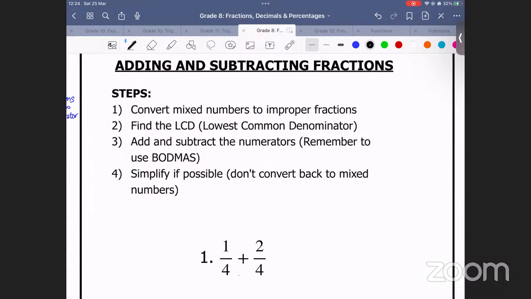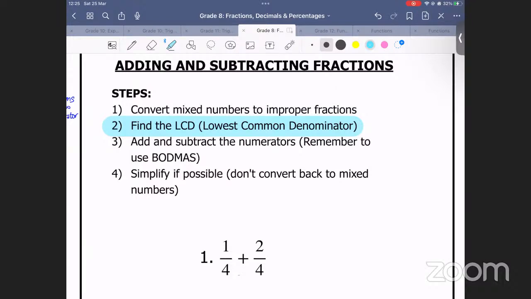We only want proper or improper fractions. Then find the LCD. This is the most important thing whenever you are adding or subtracting fractions: finding the lowest common denominator. That's how you end up adding them.